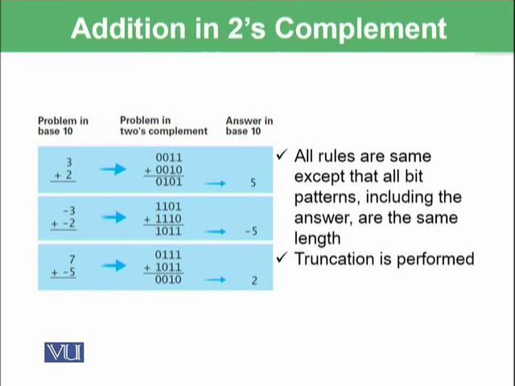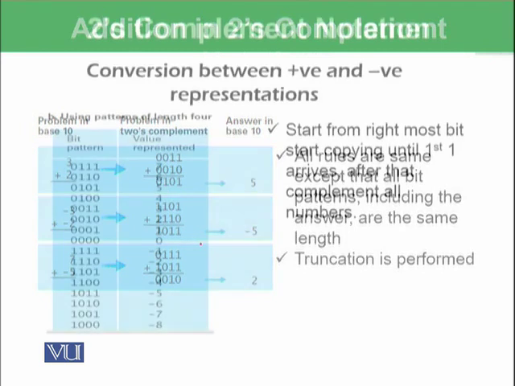Now addition in 2's complement is the same as we have discussed for binary addition. For example, we have used 3 plus 2. You can see 0011 plus 0010 gives the combination of 5. That is awesome. What about -3 and -2? This is giving you -5, as you can see, with the bit pattern of 1011.